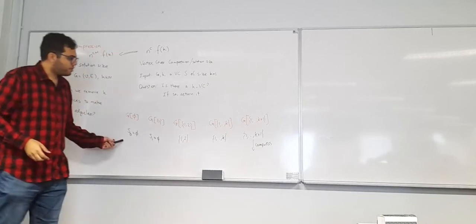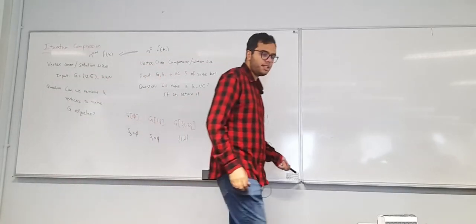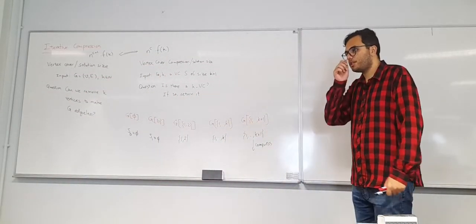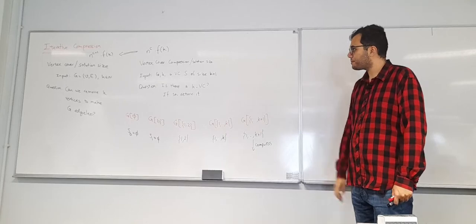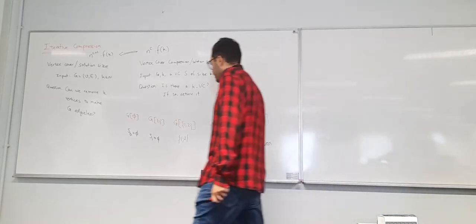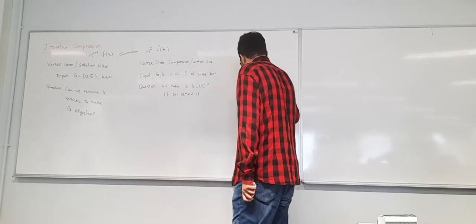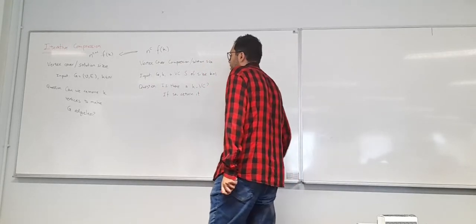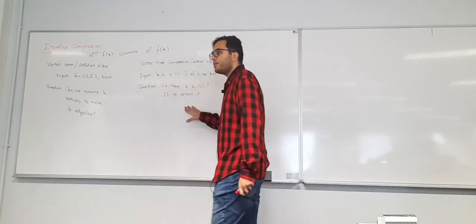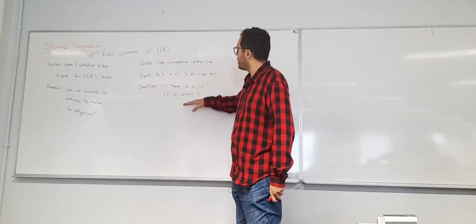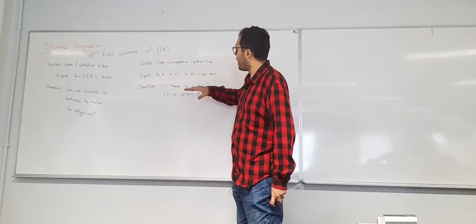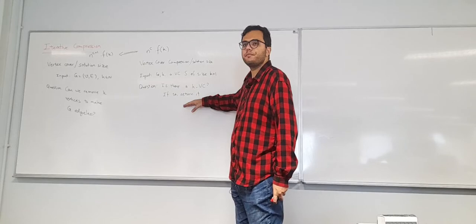Right? Because I'm just doing these n steps, and in each step I might call a compression. Okay. So now I know that I have basically reduced this problem to this problem. So I can only focus on this one, and I have to only solve this one.